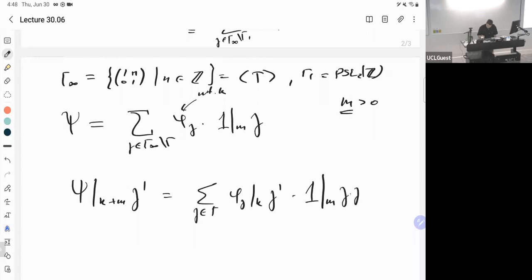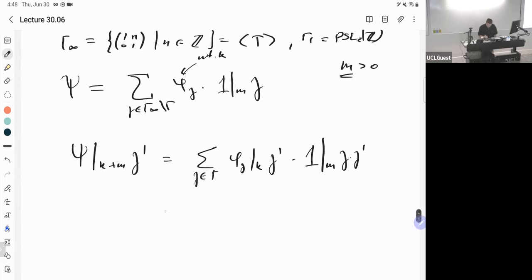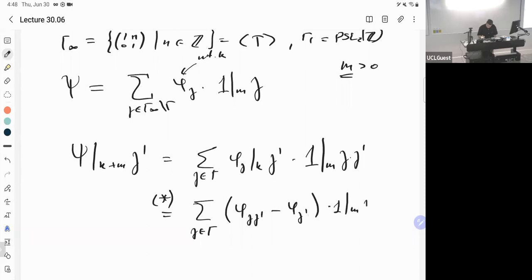Gamma times gamma prime. First, you just directly apply the slash operator to each term in the expression. And then you use the condition for the cocycle. The condition for the cocycle tells you that each term here you can rewrite as a difference of two values of phi, and then times the old thing.